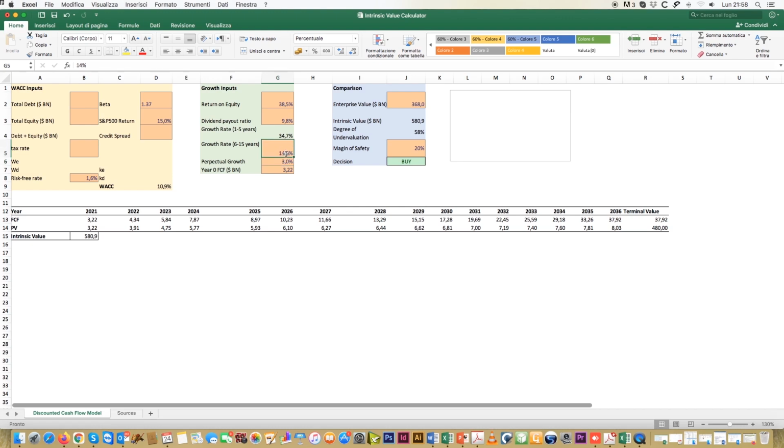Here I've put 14%, which I think is pretty high. It would change our perspective. This is probably a bit too much to ask for Nvidia, to grow 14% per year for 9 years straight on average.